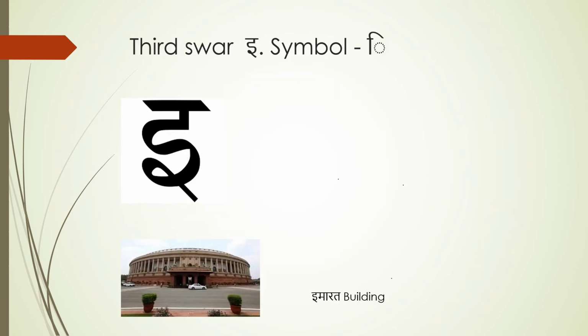Now let's look at the third swar, which is E. The symbol of an E is a straight line before the letter and an inverted C connecting the letter to that particular line.